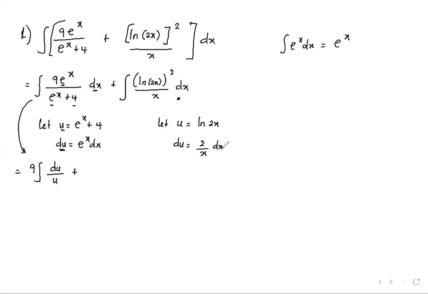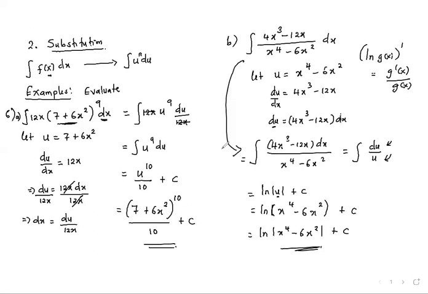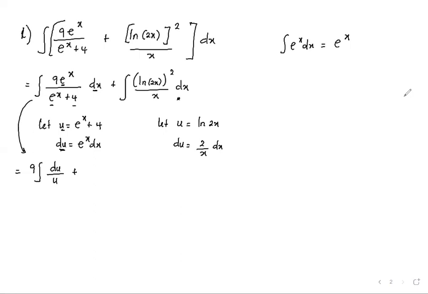Remember, to differentiate ln, you differentiate what is inside ln and then divide by the whole thing. So we differentiate 2x, we get 2, and then divide by the whole 2x, which is going to give us du is equal to 1 over x dx.